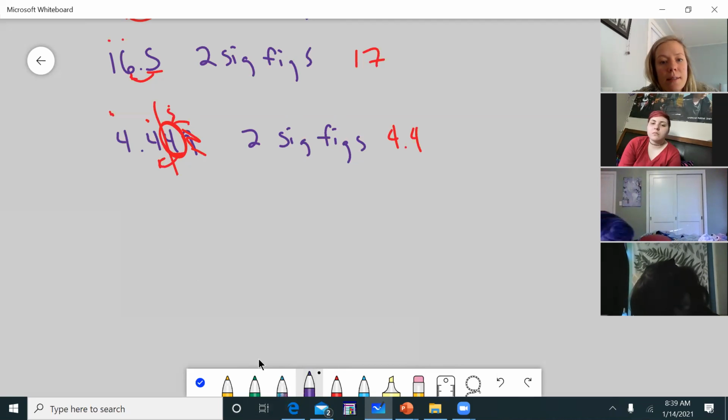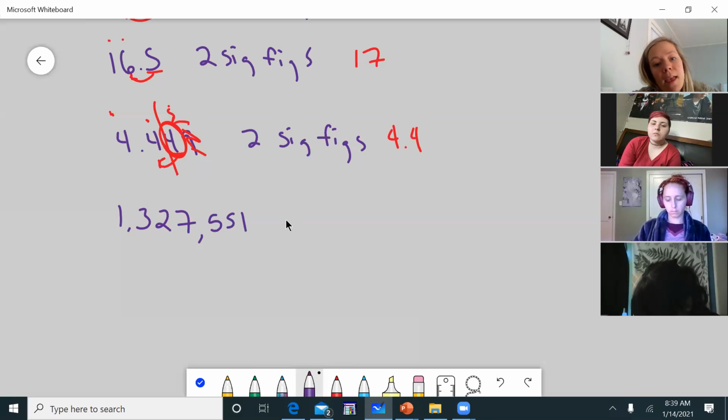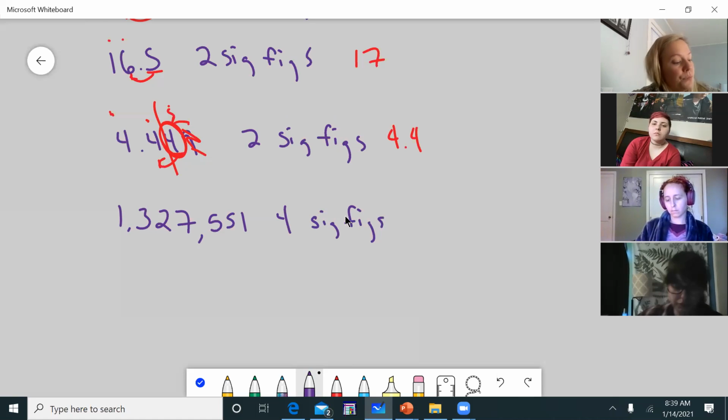Another situation I see happen is, let's say we have 1,327,551. And I want to round this to 4 sig figs. So start over on the leftmost side of the main number. We'll keep the 1, we'll keep the 3, we'll keep the 2, and we'll keep the 7. So this 5 here is going to tell this 7 to roll up.